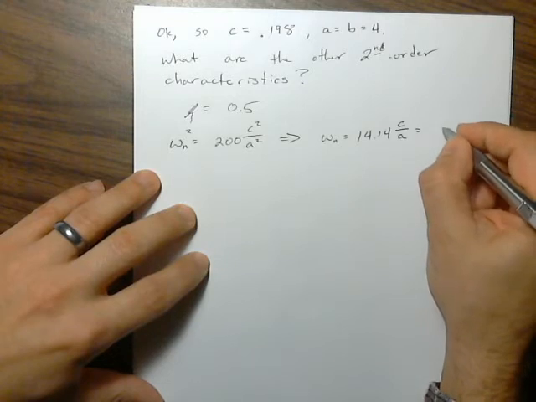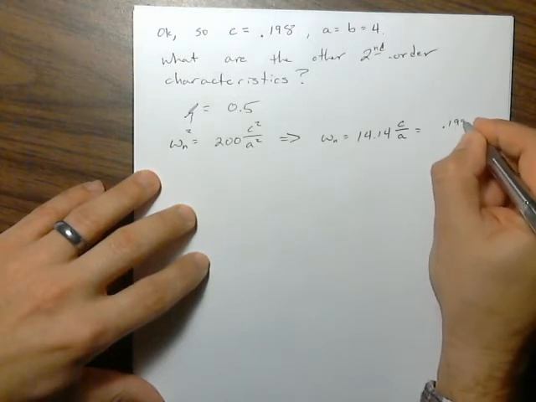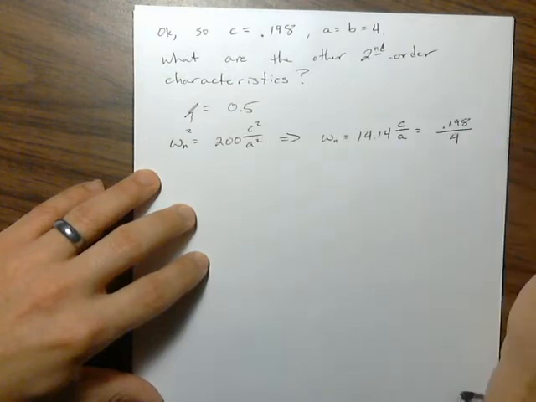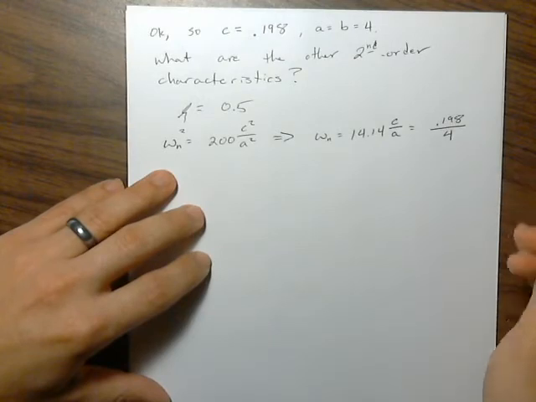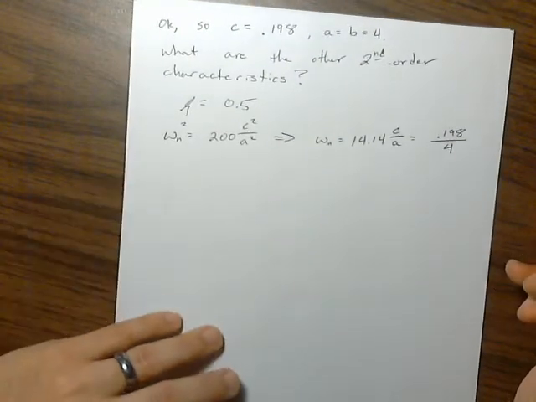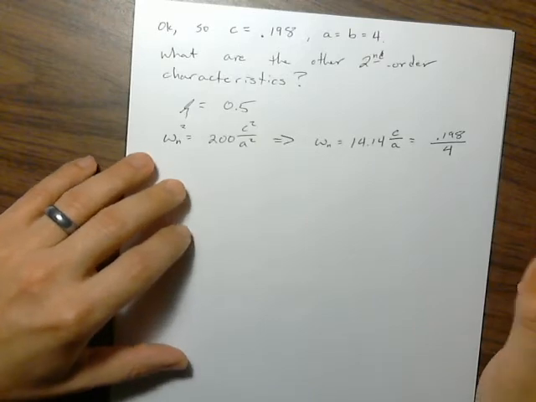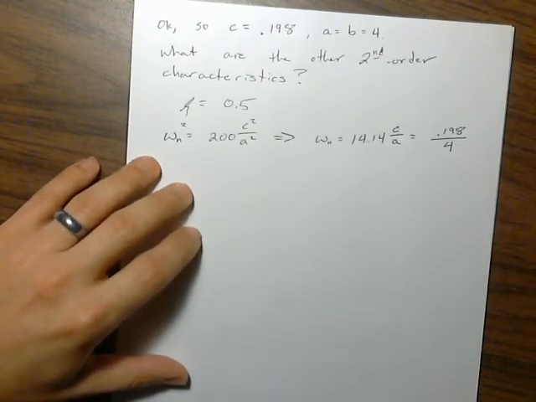So C was about 0.2, and A is about 4, so that should be about 0.05. So that's about 0.0707, I think.